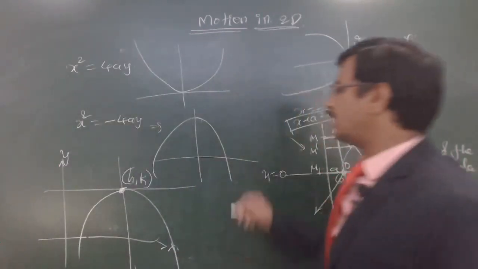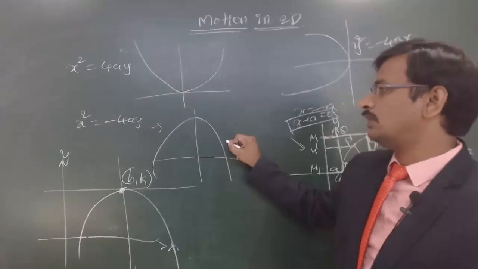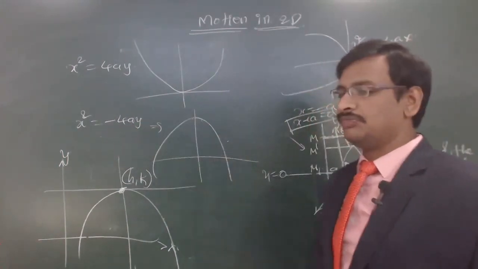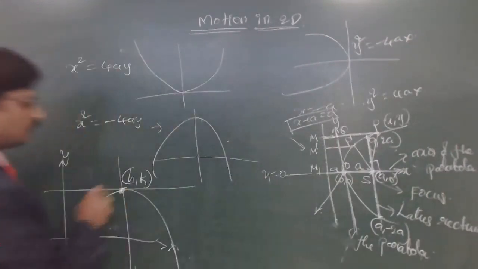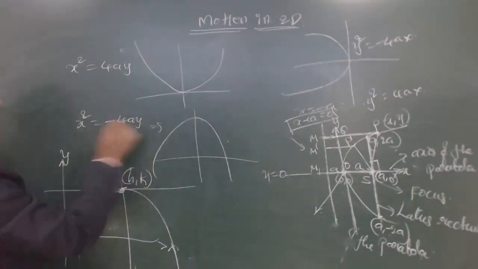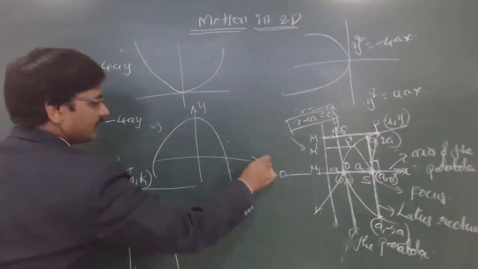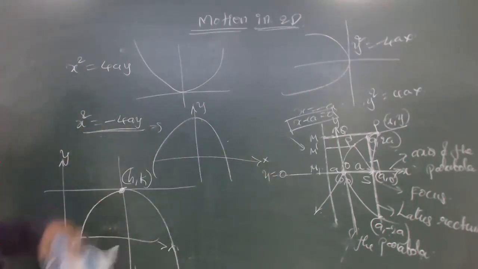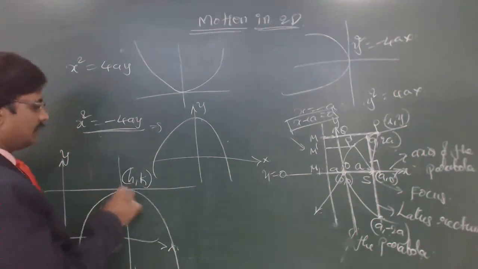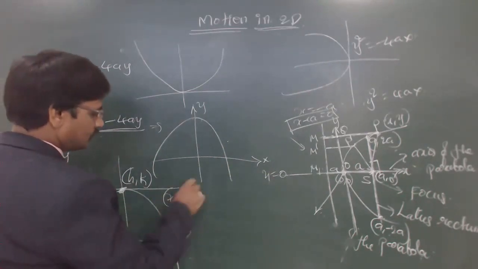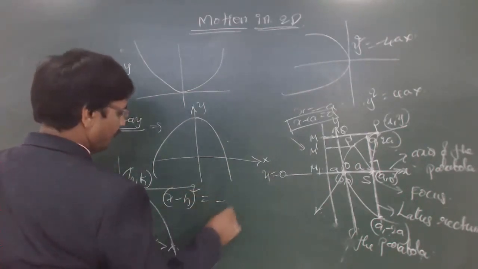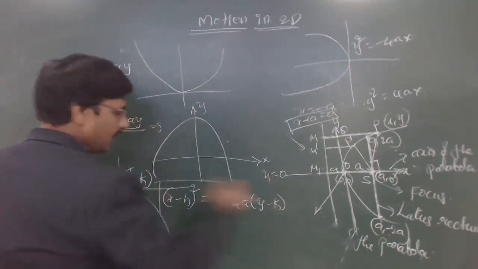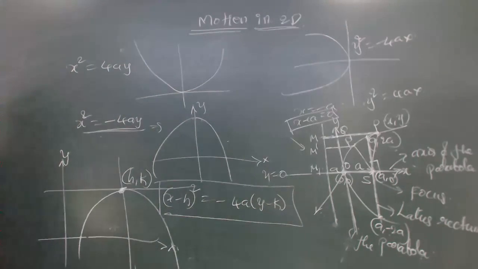So here this is the downward parabola, x square is equal to minus 4ay. Now it is shifted to (h, k). After shifting, (x minus h) whole square is equal to minus 4a into (y minus k). So this is after shifting the coordinate axis to a different location.